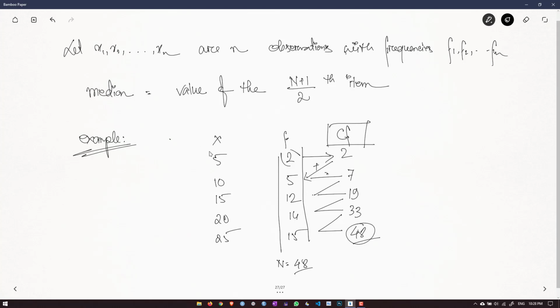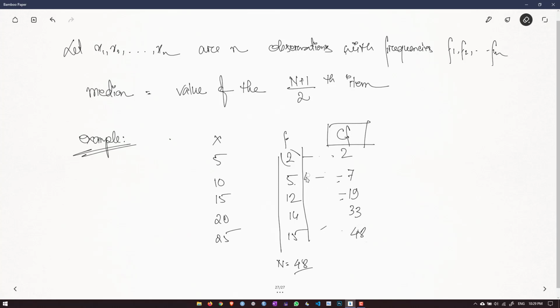So this is your value of x, 5, 10, 15, 20, 25. 5 was repeated twice, 10 was repeated 5 times, 15 was repeated 12, 20 was repeated 14 times, and 25 was repeated 15 times. So these are the cumulative frequencies that we have calculated. What are the values? 2, 7, 19, 33 and 48, right?